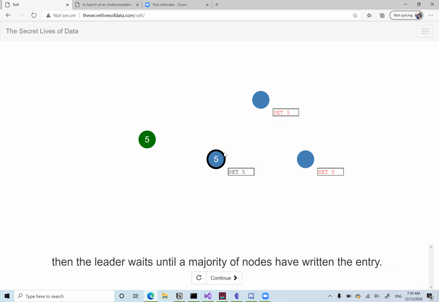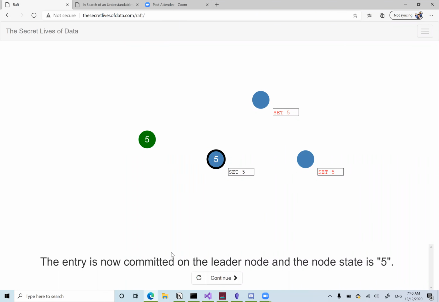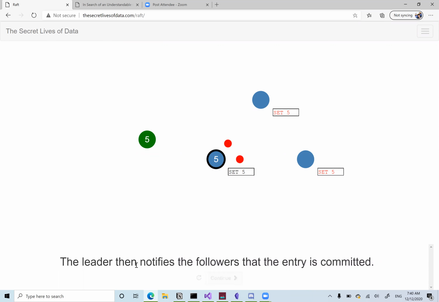When the leader gets votes from a majority of the nodes, the leader will commit this value and respond back to the client that your write was successful. The leader then also notifies the followers that the entry is committed, so the value on the followers has also been committed.